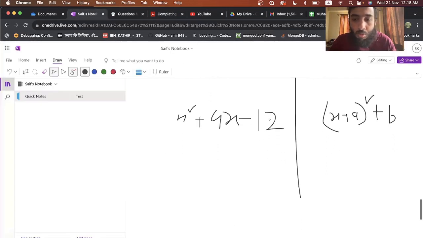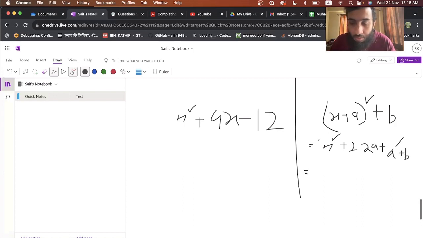Let me go through quickly. I have to expand this to match the particular terms, which is x square plus twice x a plus a square plus b.